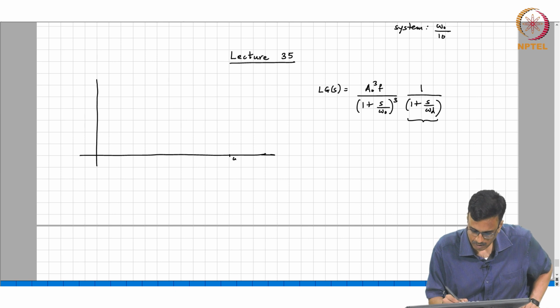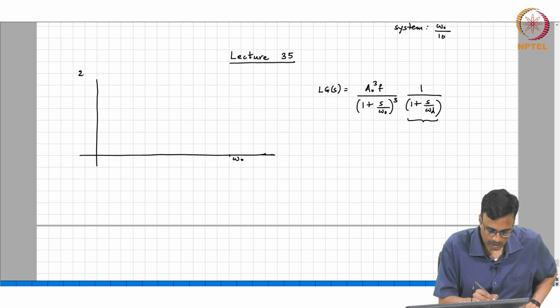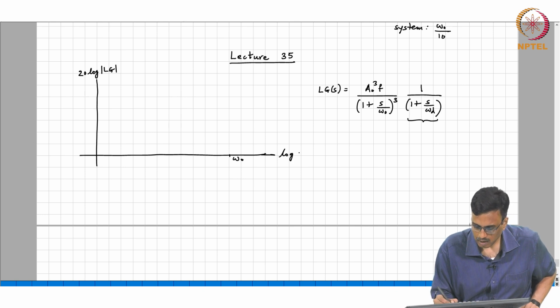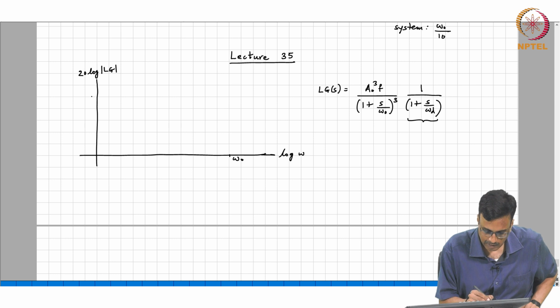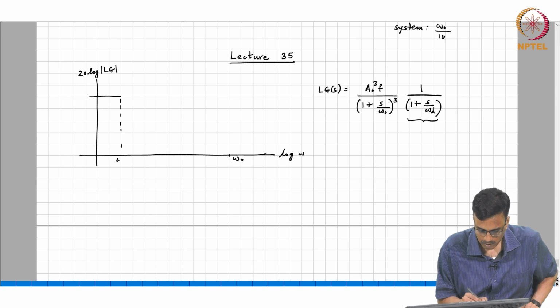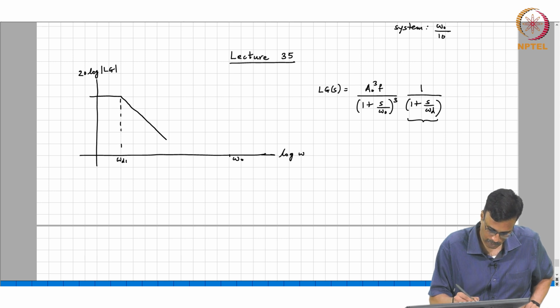And if we draw the log magnitude of the loop gain versus log omega, we basically have, say, for this choice of omega d1, and this goes 20 dB per decade up to here.